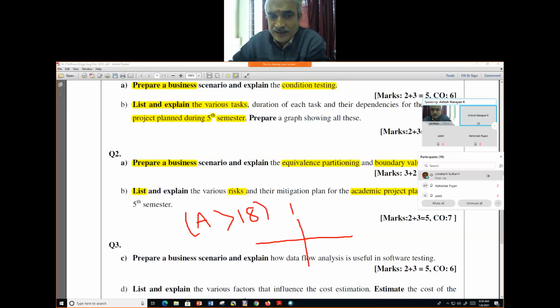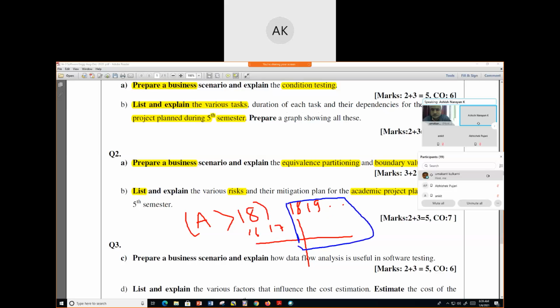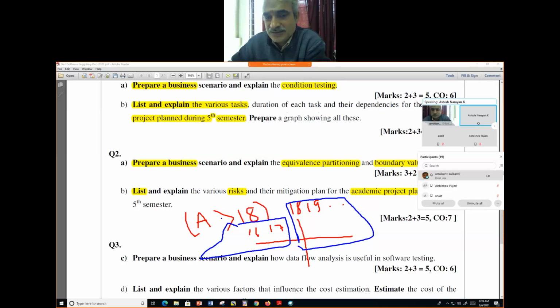This is the 18, 19, like that it goes. And here is 17, 16, it goes. Now look at that. This is one partition. This is another partition. Now what happens is, age greater than 18, you write it.